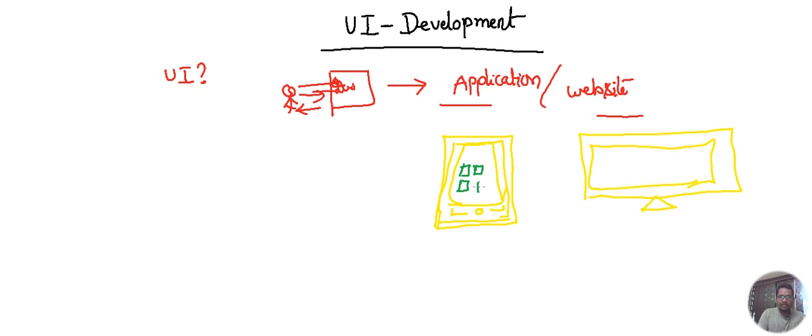There are many applications in mobile. Coming to the desktop, the entire screen is a website. So we are using files and applications in mobiles, and websites on desktops.